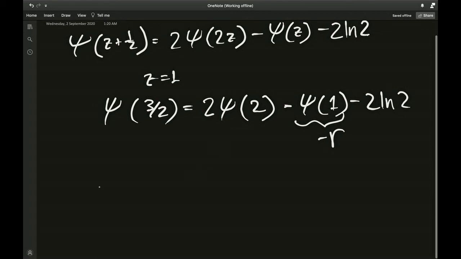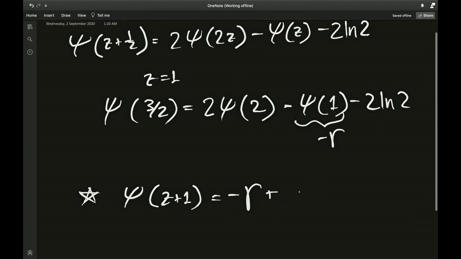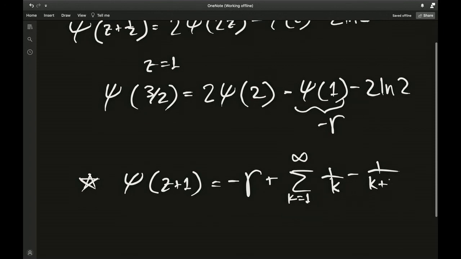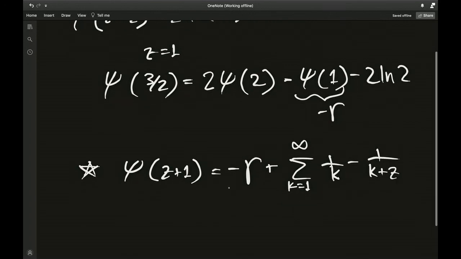Well, to find digamma of 2, we'll have to refer back to this infinite sum representation of the digamma function. So digamma of z plus 1 was actually minus Euler-Mascheroni constant plus sum from k equals 1 to infinity of 1 over k minus 1 over k plus z.